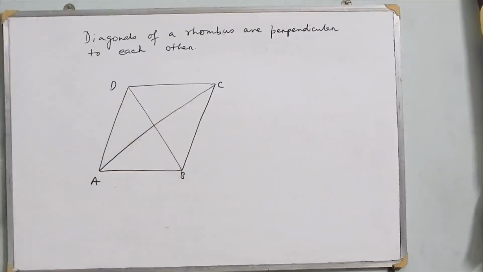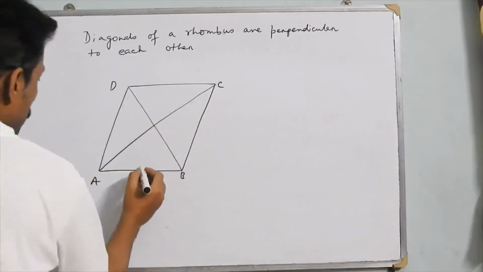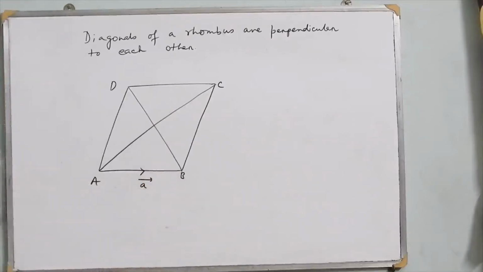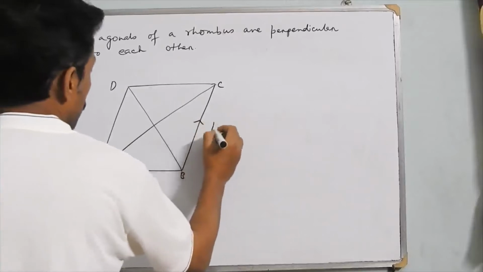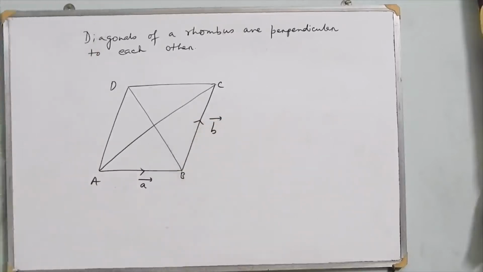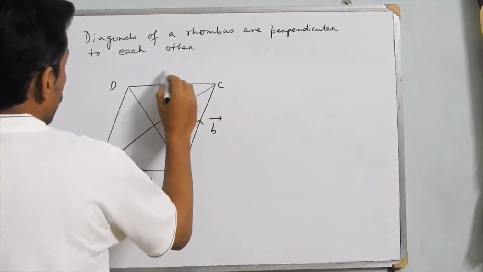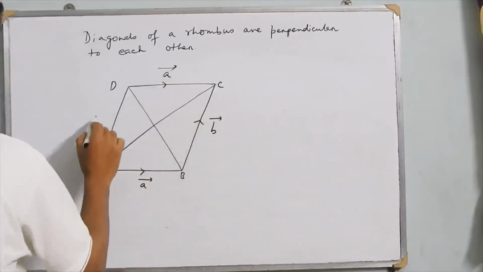So suppose this is a rhombus ABCD and its diagonals are AC and BD. Let AB be represented by A vector and BC be represented by B vector. Obviously, the opposite sides of a rhombus are parallel and equal, so this is also A vector and this is also B vector.